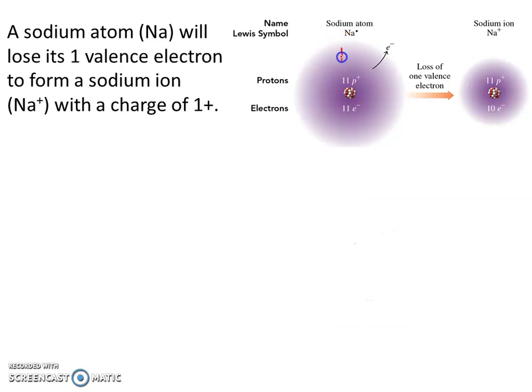So we start with 11 protons and 11 electrons, 11 positives, 11 negatives. When it loses an electron, it still has the same 11 protons, positives, but now it only has 10 negatives. So if we have 11 positives and 10 negatives, we end up with a 1 positive charge.